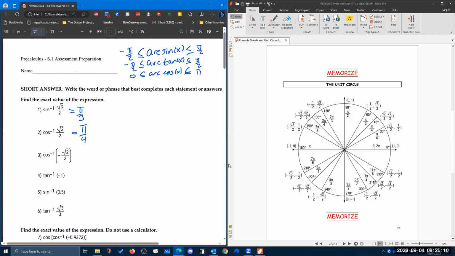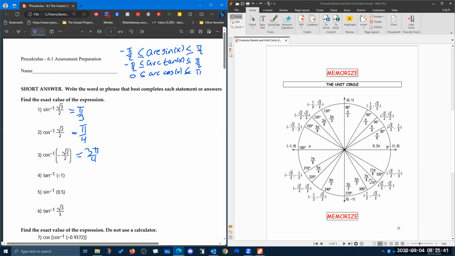Now the cosine is negative √2/2, so I need to be in quadrant 2 and look for a cosine of negative √2/2. That's at 135 degrees, or 3 pi over 4. The tangent is -1. So if tangent is negative, I'm in quadrant 4, and I need to look for where the ratio of sine to cosine is -1.